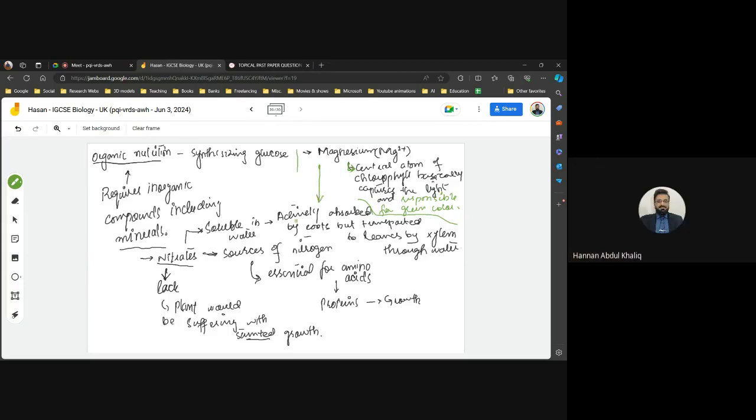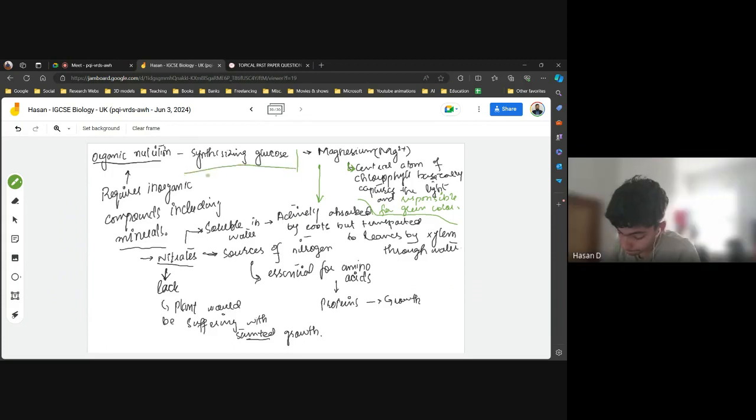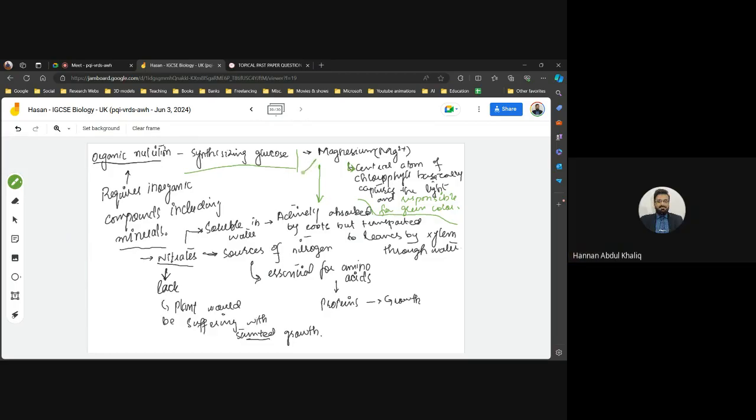It has the same role as the nitrogen. Got it? Yeah. And another very important thing is, if plants lack it, it would show yellowing of leaves.